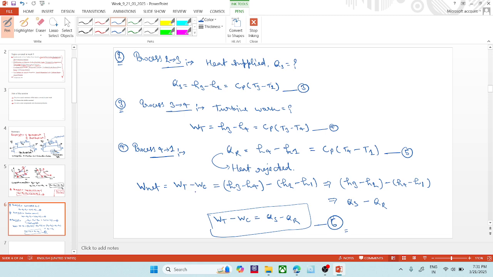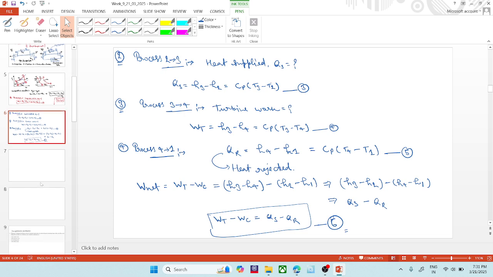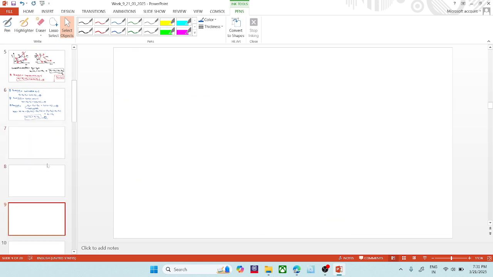Next, let me define some terms used in the design of a Brayton cycle, to characterize the gas turbine or the Brayton cycle. The first parameter is the pressure ratio, which we denote by RP.